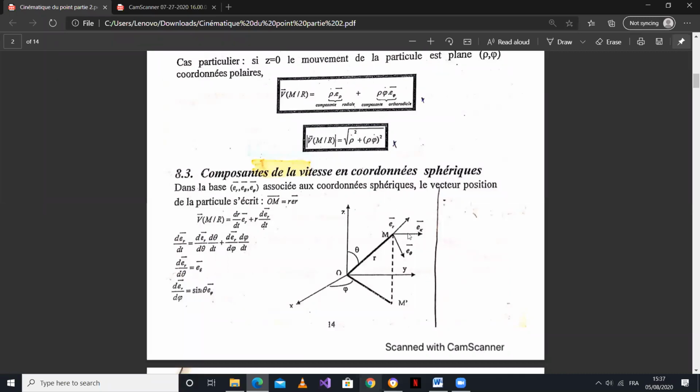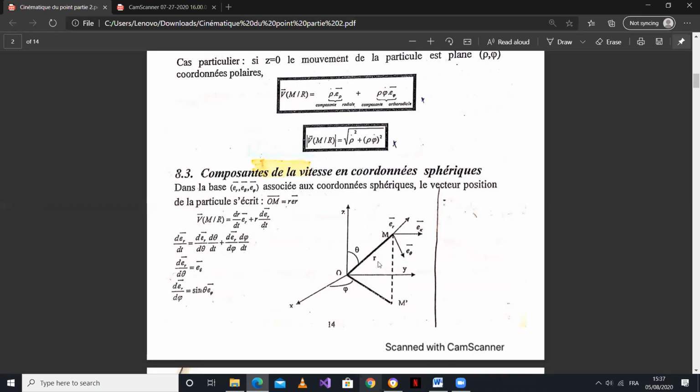So we can already define it directly. It's not like in cylindrical coordinates where you have to take a long cut because it goes like that, then like that. But in spherical coordinates, you can go directly from O to M because you have a unit vector oriented in that direction. So you can properly define it and someone can understand.